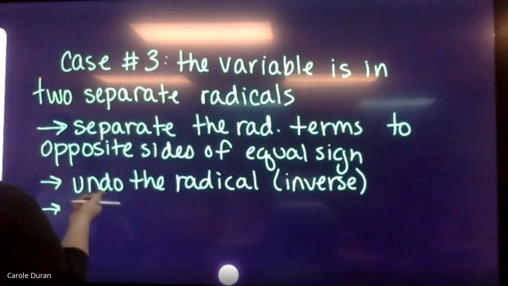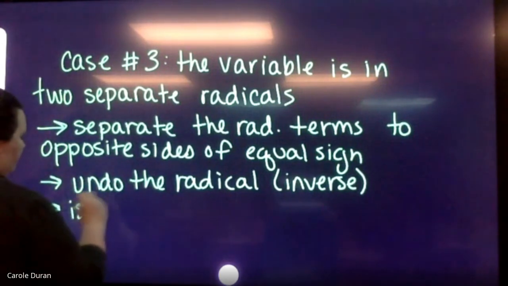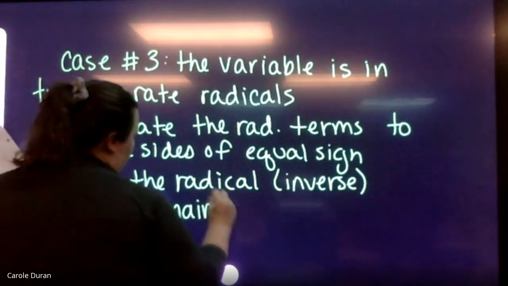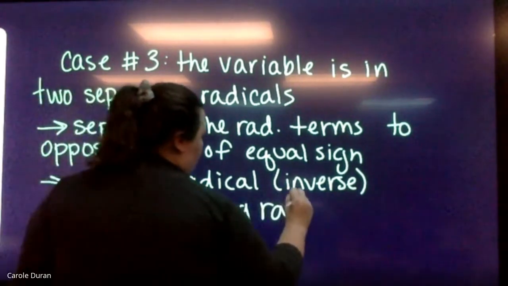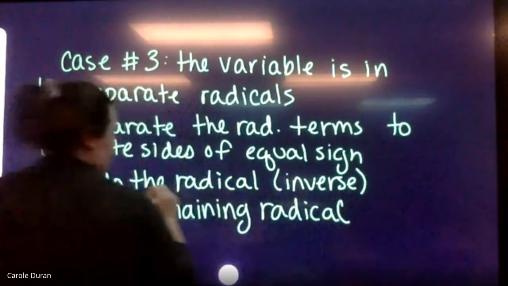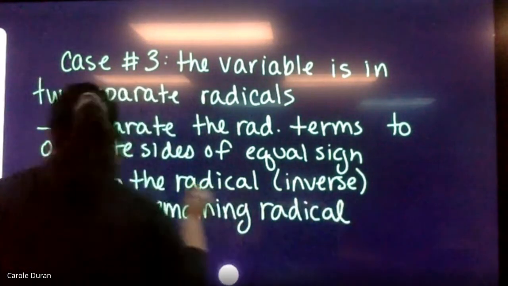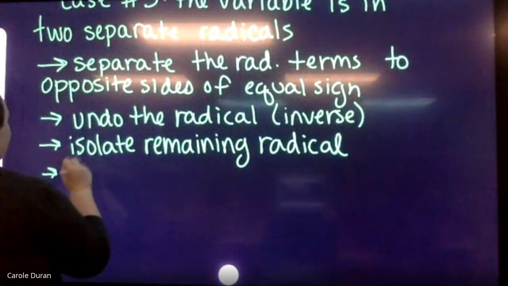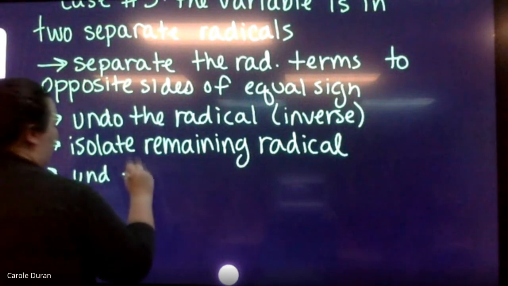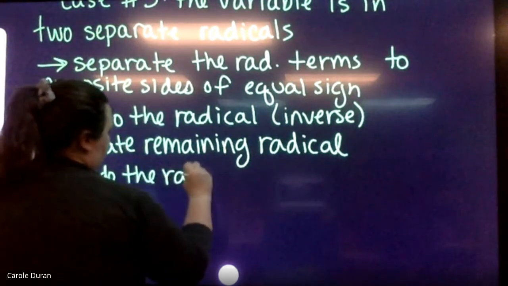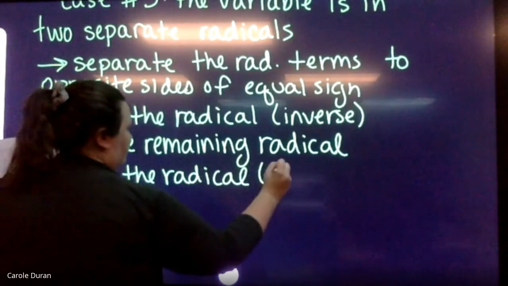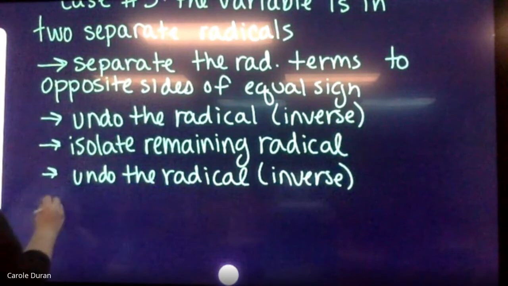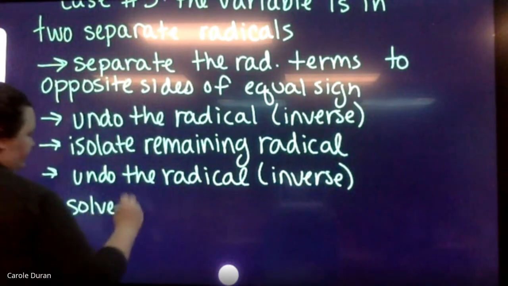Step 3 is to isolate the remaining radical, because there will be one left, usually. Step 4 says to undo the radical again. Step 5 is to solve for the variable.